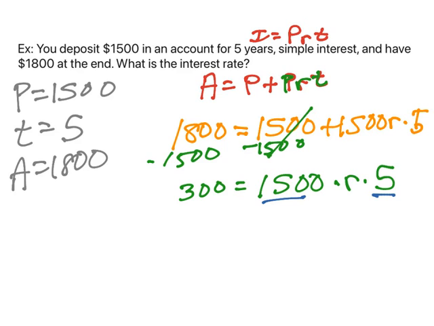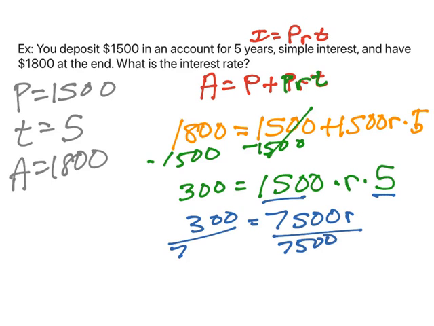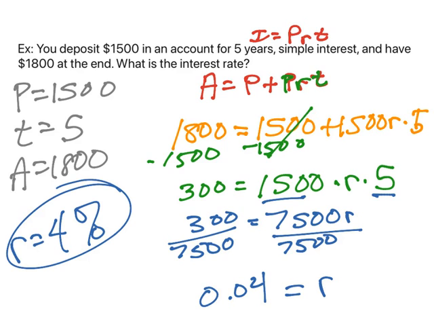Multiplication, we can multiply in any order. So 1,500 times 5 gives me 7,500 R equals 300. So now I divide both sides by that number in front of the variable. So we divide by 7,500. And R equals 0.04. So my rate is 4%.